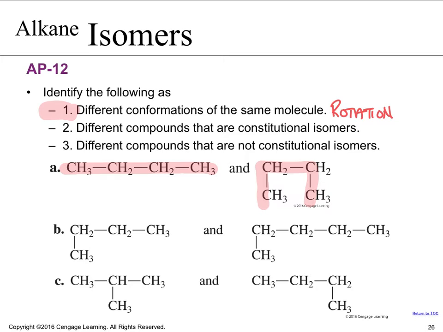I could have isomers, constitutional isomers. So that's when we actually have bonds that are moved. And then the last option here, different compounds that are not isomers. This means usually we're going to have different formulas.